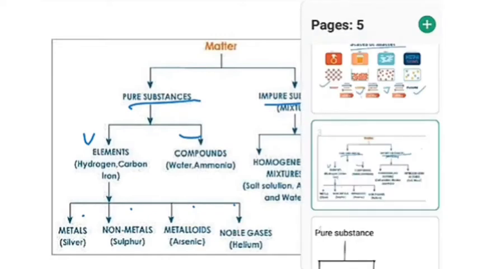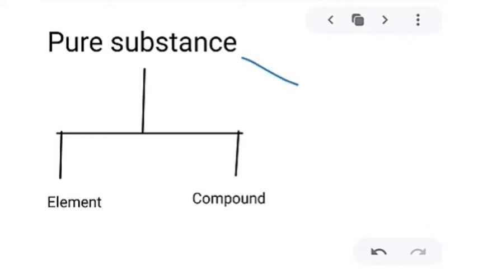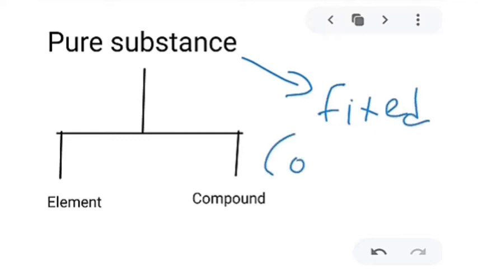So what is a pure substance actually? A pure substance means it has a fixed composition, right? It means its composition doesn't change. Simply I can say that for an element and a compound, the composition never changes.